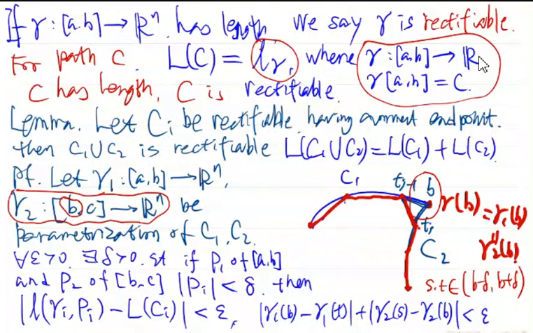But to write the length of C1 and C2, we need to count the part along B. We need to count these two parts. We need to join Tj minus 1 to B, then B to Tj. So what shall we do?